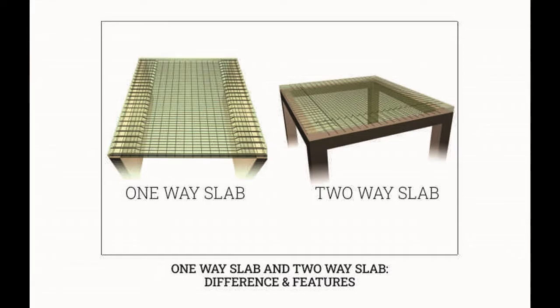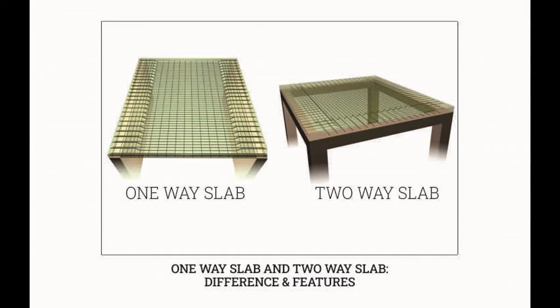In two-way slab, the main reinforcement is provided in both directions. In one-way slab, the crank is provided in two directions, whereas in two-way slab, the crank is provided in four directions. The one-way slab is supported by a beam on two opposite sides, whereas the two-way slab is supported by the beams on four sides.